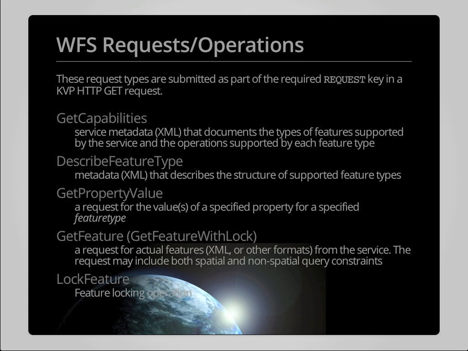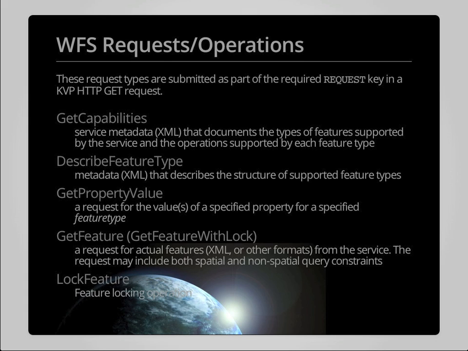Unlike web map services, the web feature service standard also includes a second metadata request called DescribeFeatureType that provides more detailed information about a particular feature type, where feature types can be thought of as essentially layers if you've worked in other geographic information systems.